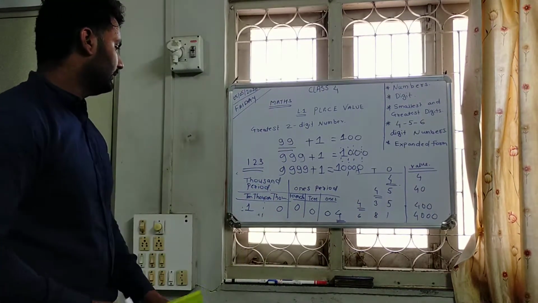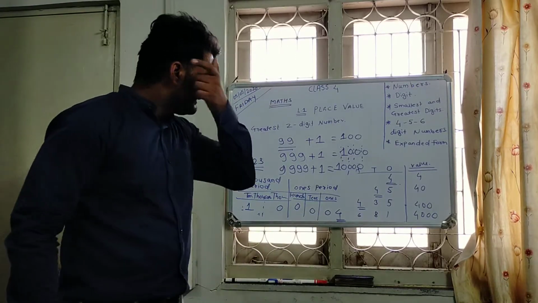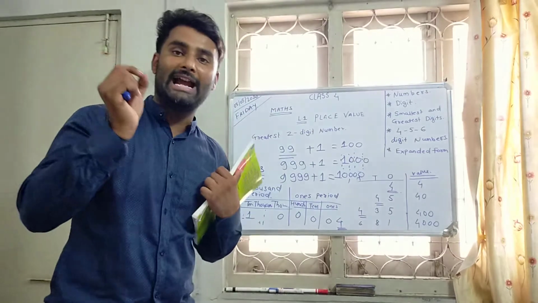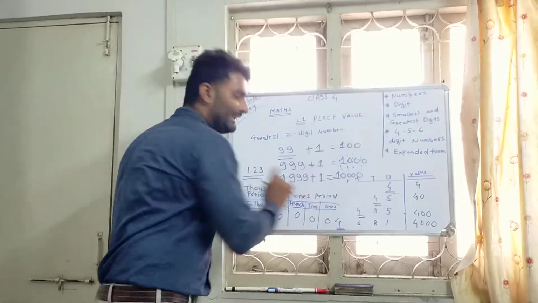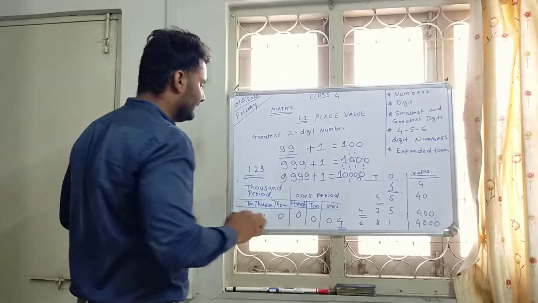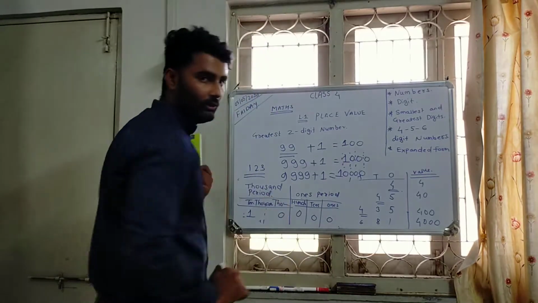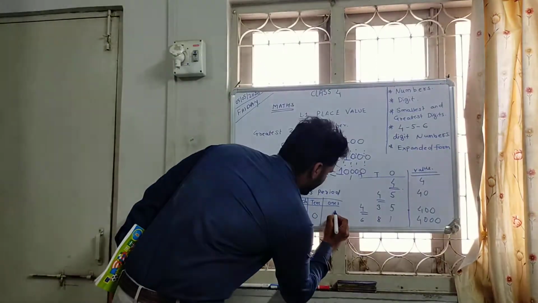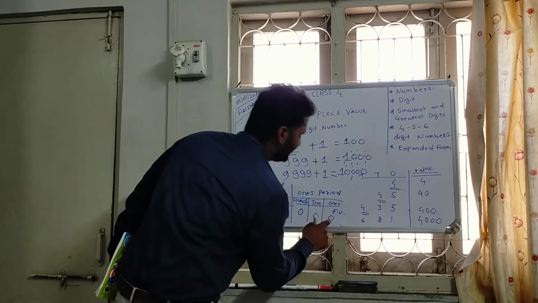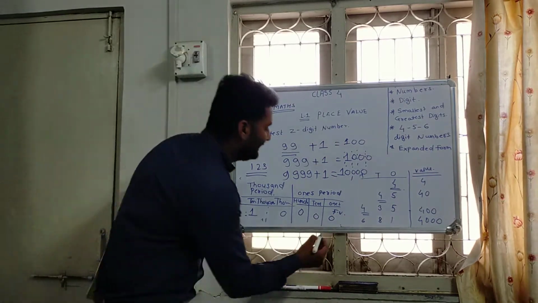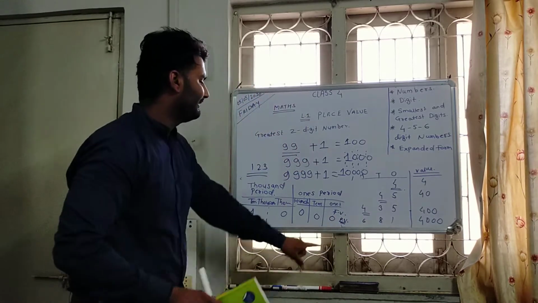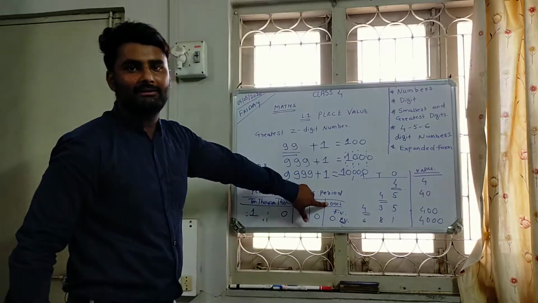Okay, so what is the face value of this digit? Face value means the actual number looking like. What is this number? 0. So the face value of this number is 0 and the place value of this number is ones.